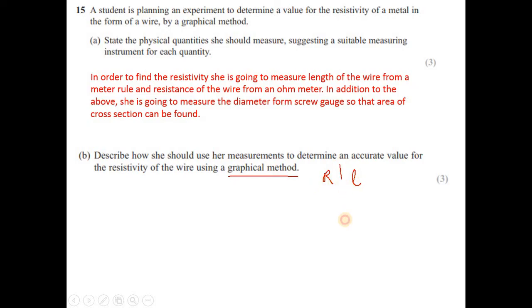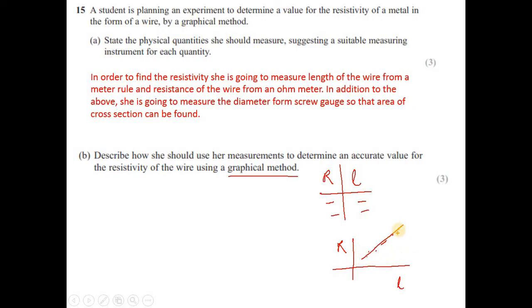Then you plot an R versus length graph. It is good because length is independent. So length on the x-axis, resistance on the y-axis, then you would have points, and then you can plot a line of best fit.